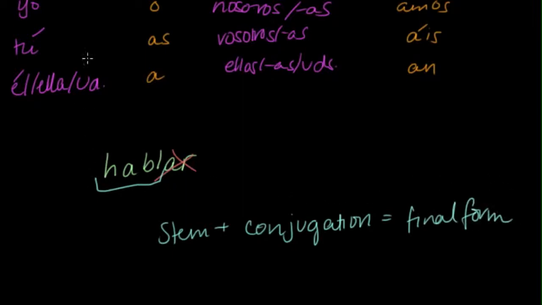So let's add our stem to our conjugation endings. We've seen yo before. Yo hablo, I speak. Tú, stem and ending. Tú hablas, you speak. Él, ella, usted, stem, ending. Él, ella, usted habla, he, she, or you speaks.